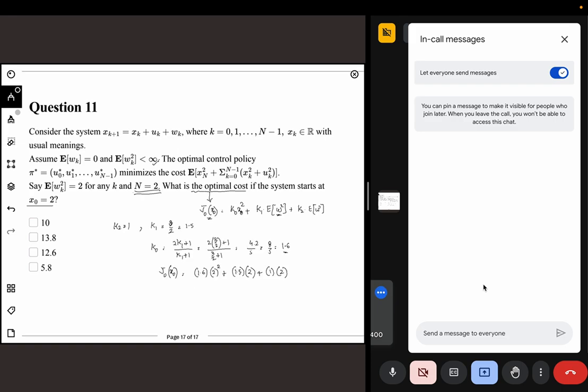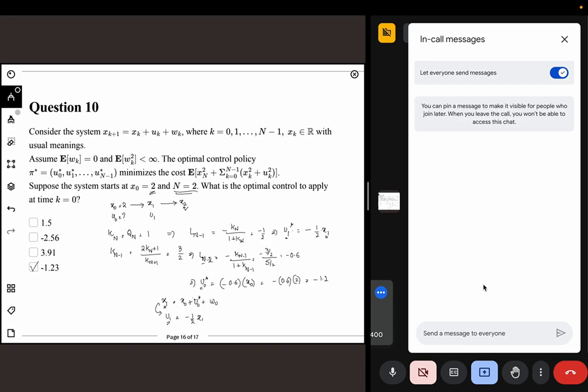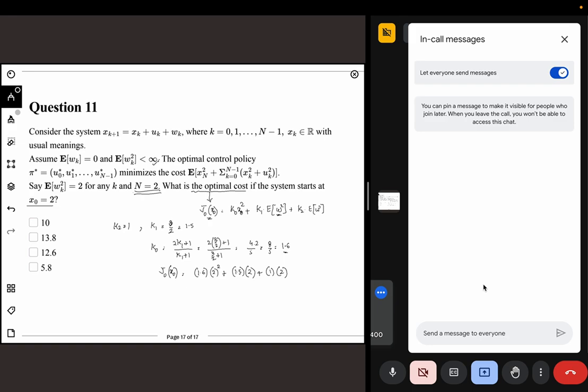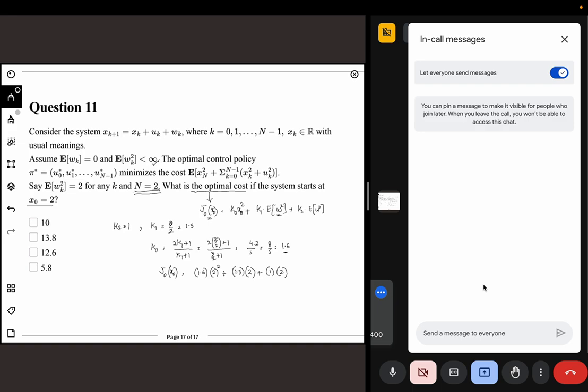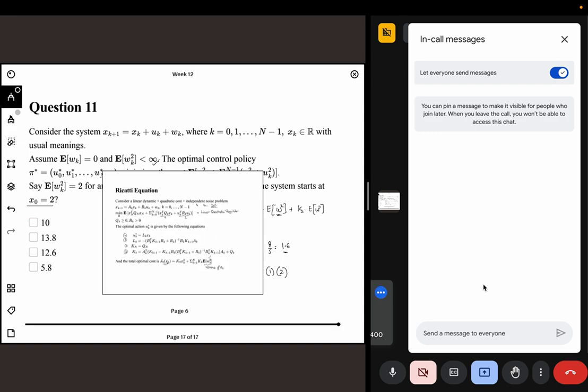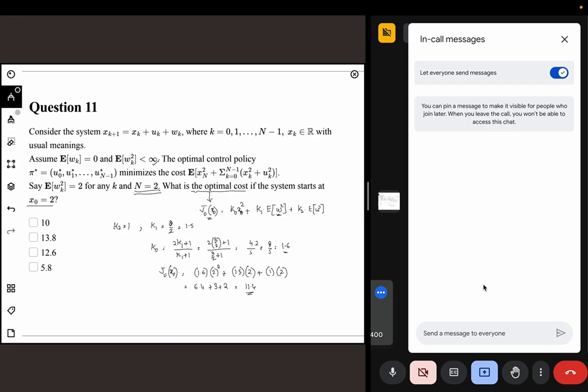Did I do some mistake somewhere? This is 6.4. I'm getting something like 11.4 or something. I think I might have missed something. Check the calculation.